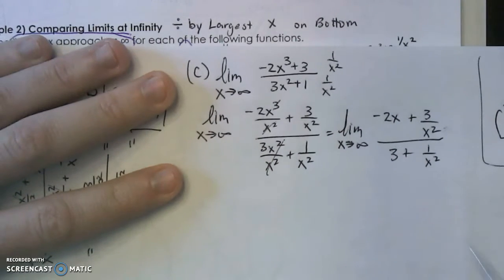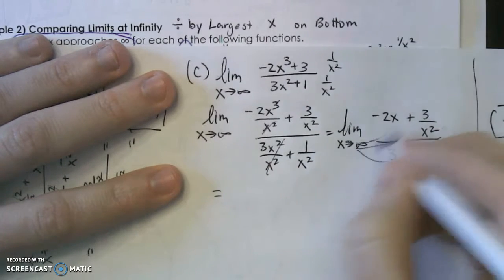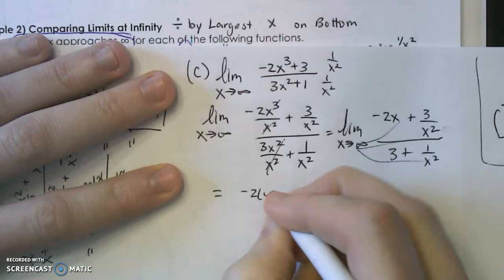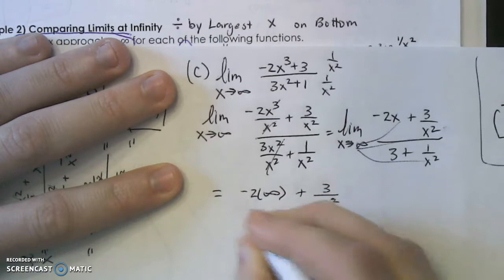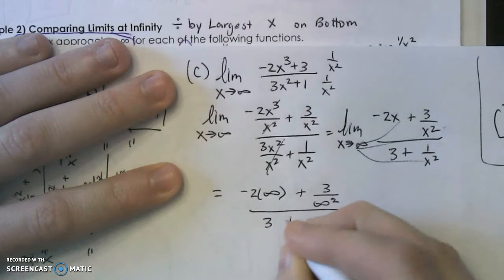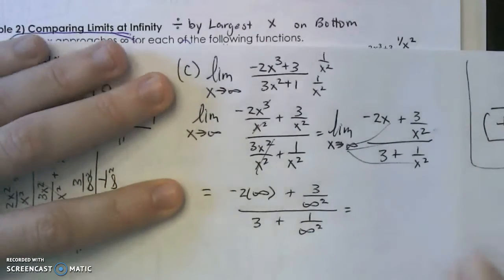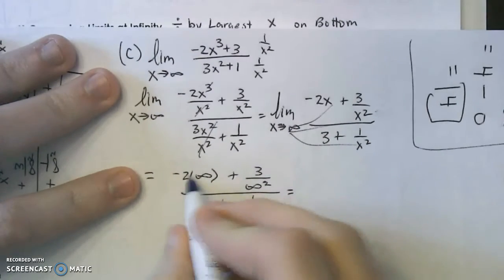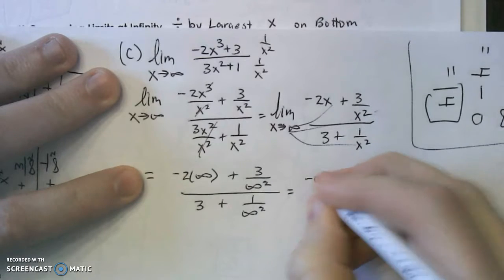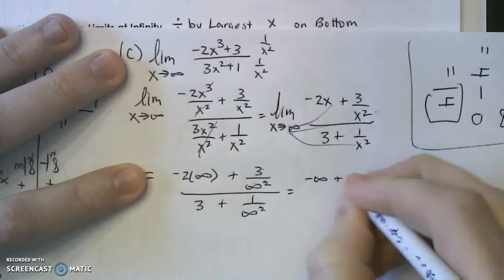And then now we can plug in our infinity for all the x's. So I'm going to have negative 2 times infinity plus 3 divided by infinity squared, over 3 plus 1 divided by infinity squared. So negative 2 times infinity is negative infinity. Then I've got 3 divided by infinity, which is 0.